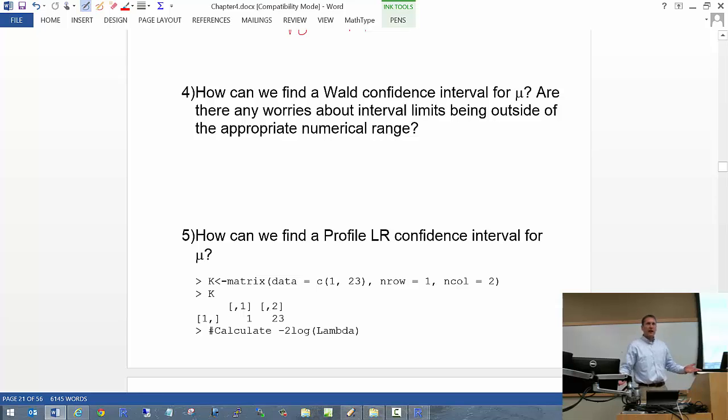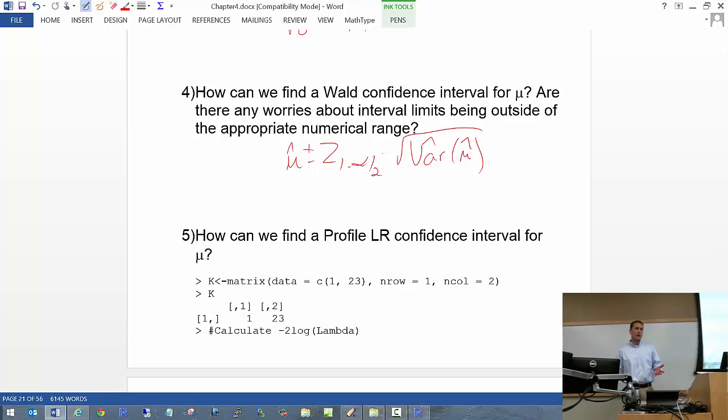Well, how can we find a Wald confidence interval for mu? So what would be the first thing I would want to write? Mu hat plus or minus, yep, the z value times, yep. So that would be a Wald interval.